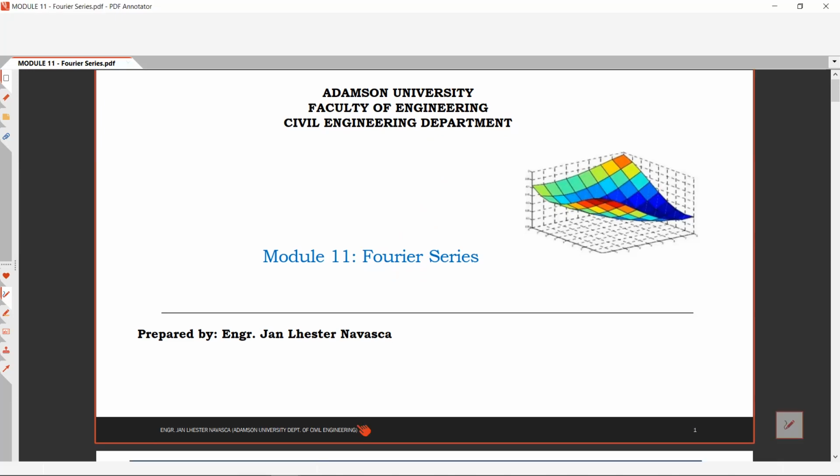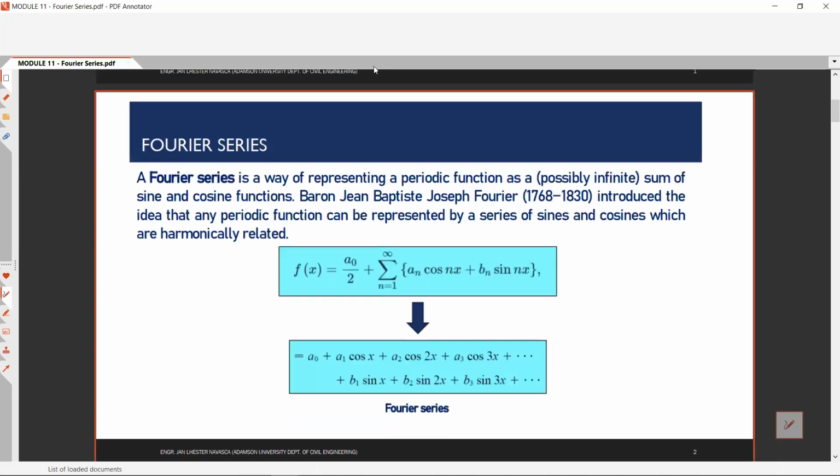So what is the Fourier series? The Fourier series is a way of representing a periodic function as a possibly infinite sum of sine and cosine functions. Joseph Fourier, Jean Baptiste, from 1768 to 1830, introduced the idea that any periodic function can be represented by a series of sines and cosines which are harmonically related.